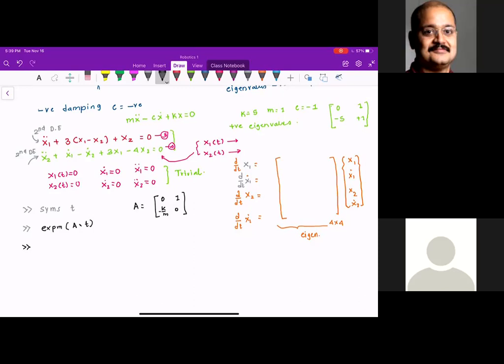Go to MATLAB, do SYMS T, do EXPM A multiplied by T, and you're gonna get a big equation. And that big equation is going to be the solution of your differential equation.